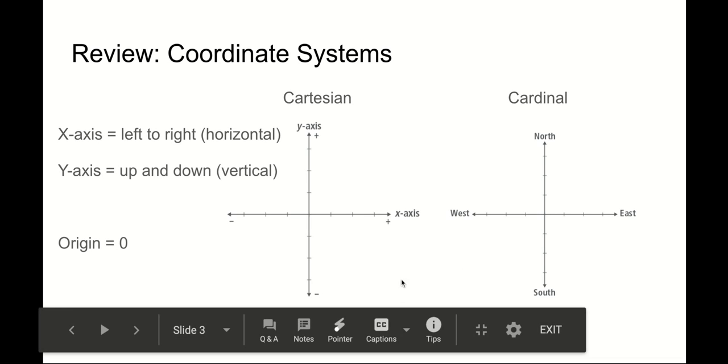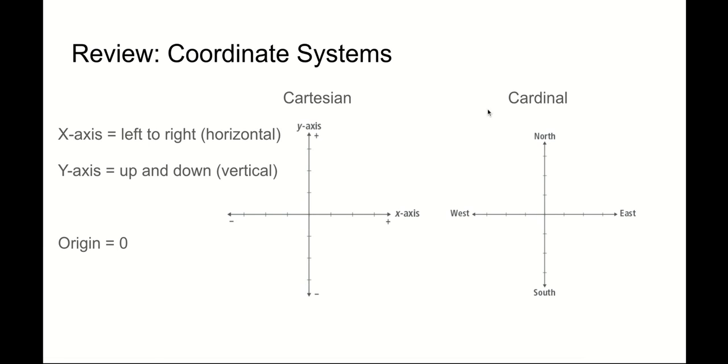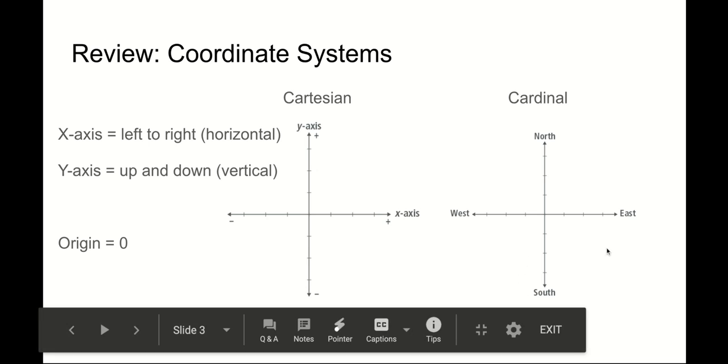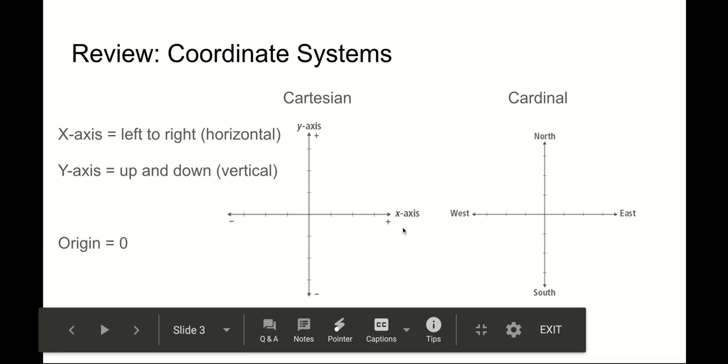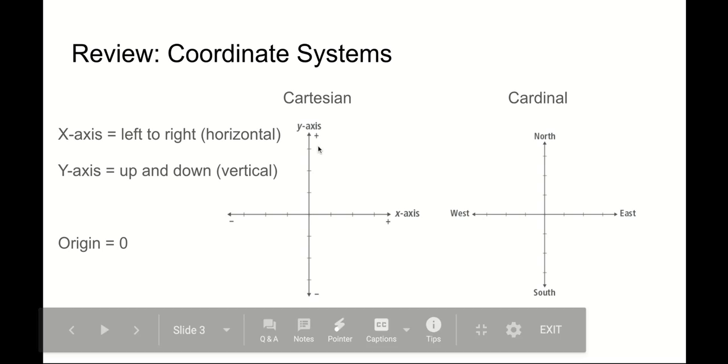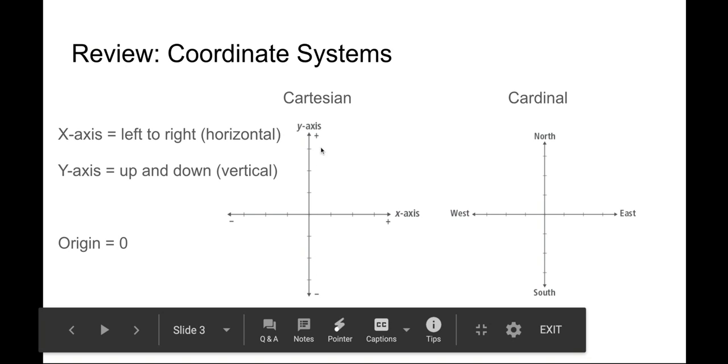We're also reviewing coordinate systems. The two that we talked about in week 1 are the cardinal system, which gives us north, south, east, and west, and the Cartesian system, which uses the y-axis and the x-axis. Remember, your x-axis goes from left to right, or in the horizontal direction, and your y-axis, up and down, goes in the vertical direction.